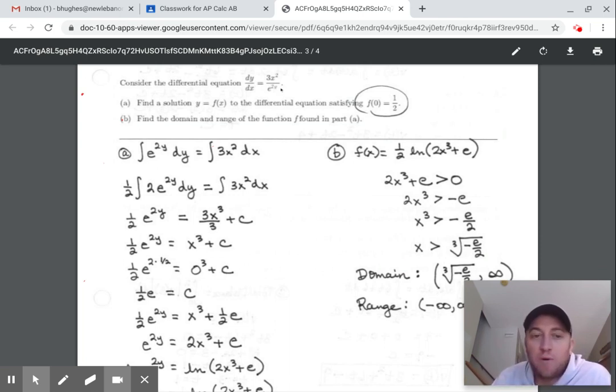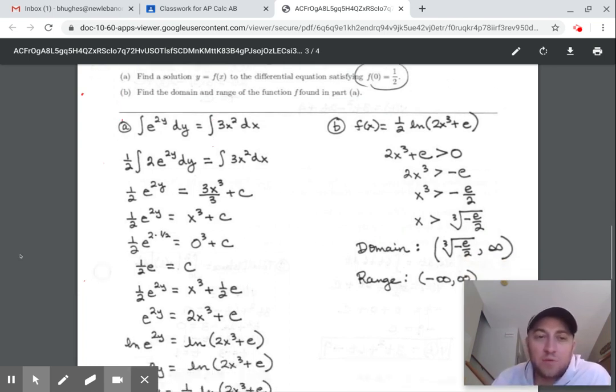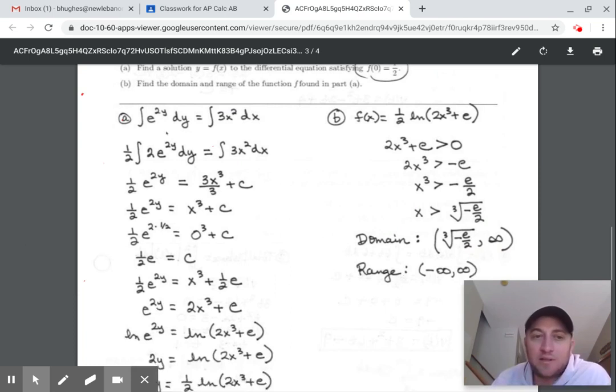I would cross multiply to separate our variables. That's key, the separation of our variables. So then I have e to the 2y dy is equal to 3x squared dx. We would then integrate both sides. This one becomes a little bit more complicated because I'm integrating e to the 2y. So this is an integration of composite functions, which is what we talked about on Tuesday.